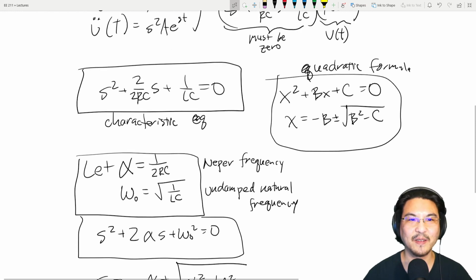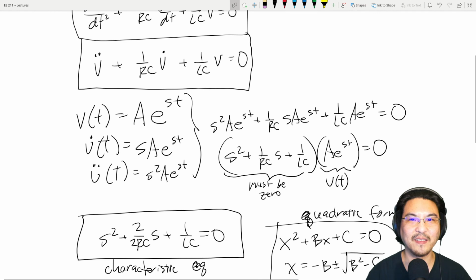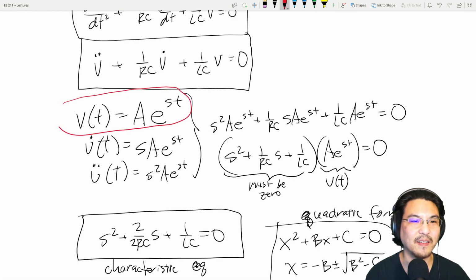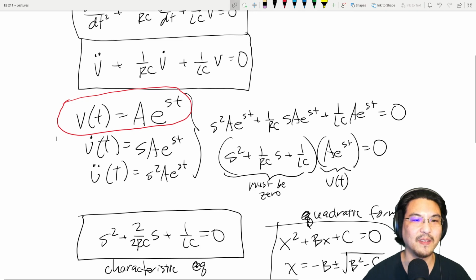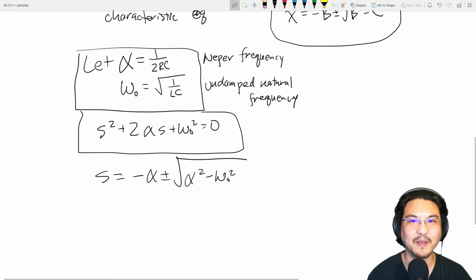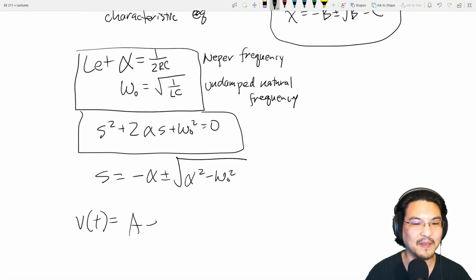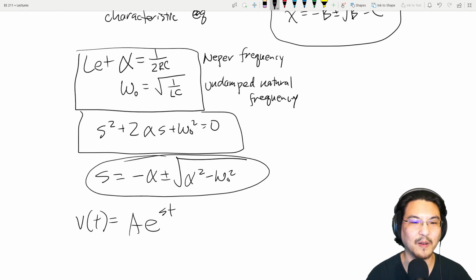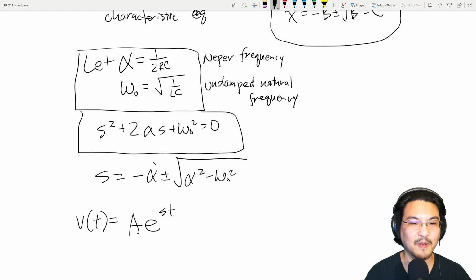And again, this was our guess right here for the voltage. So let me jot that down over here. V was supposed to be A e to the st. But look, there are two roots, minus alpha plus this, minus alpha minus this.